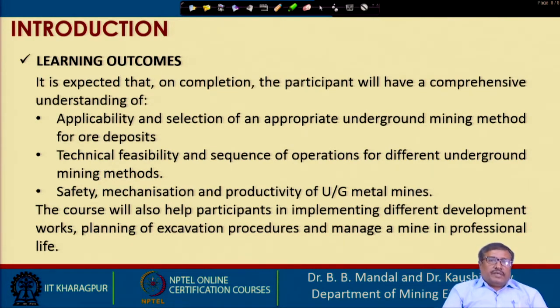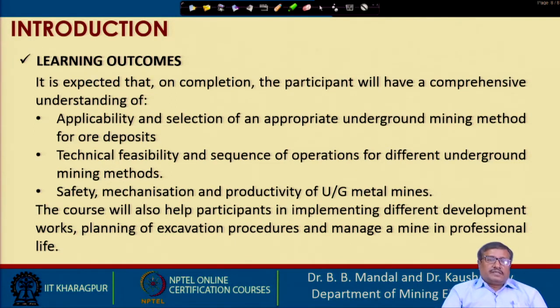So, definitely from this lecture, and the entire course, you will acquire a good amount of knowledge regarding the applicability or selection of an appropriate mining method. Whether this particular stope and pillar method that we are going to learn today is applicable in a certain situation or not.